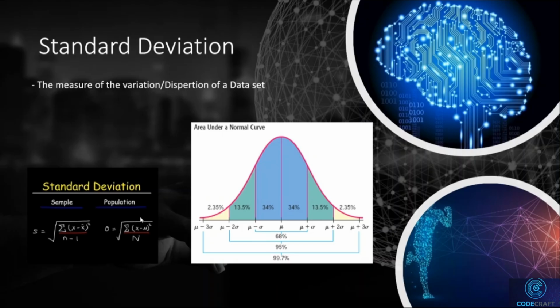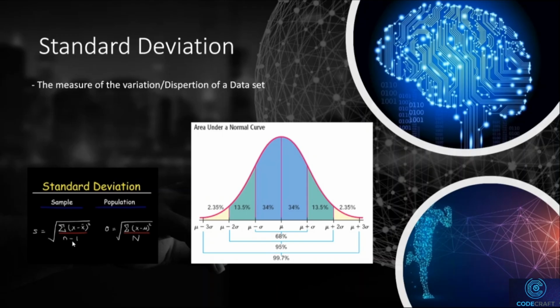So if we have a data set of 1, 2, 3, 4, it's going to be 1 minus the mean of our data set, everything multiplied by itself, plus 2 minus our mean multiplied by itself, plus 3 minus the mean multiplied by itself, plus 4 minus the mean multiplied by itself, and everything divided by the number of numbers that we have, minus 1.